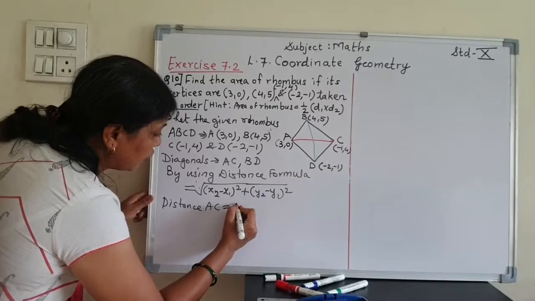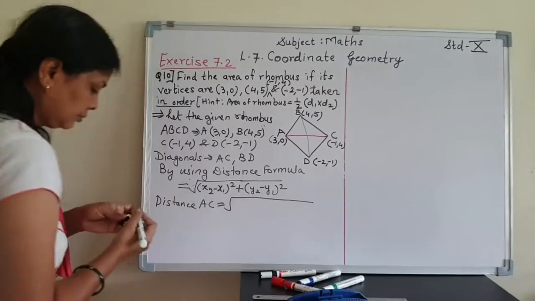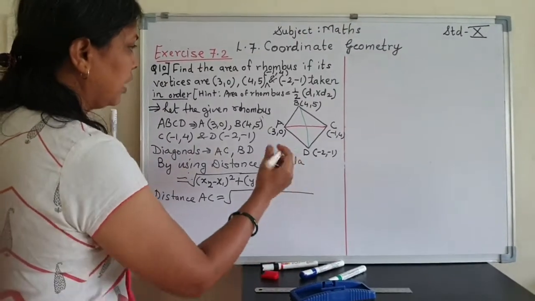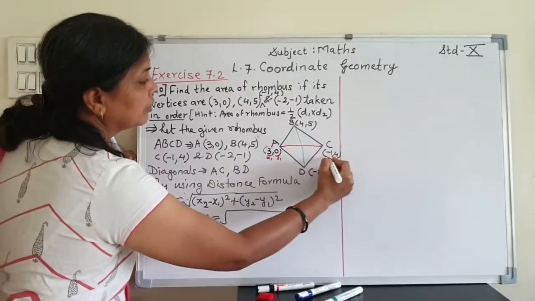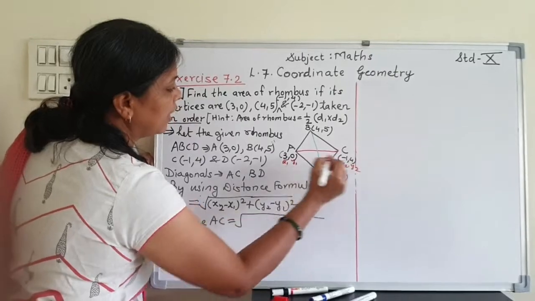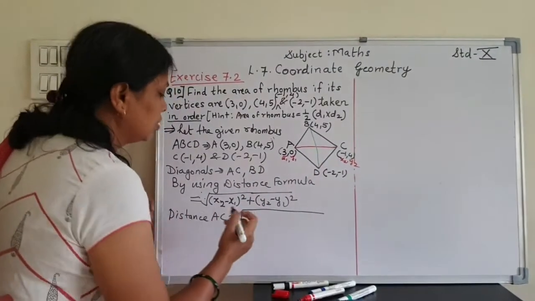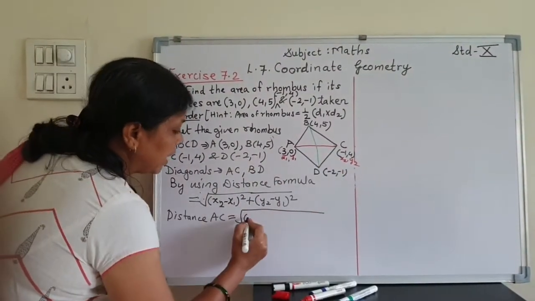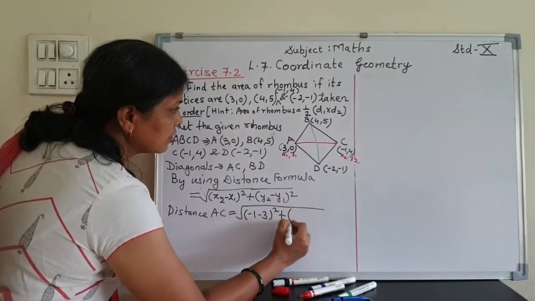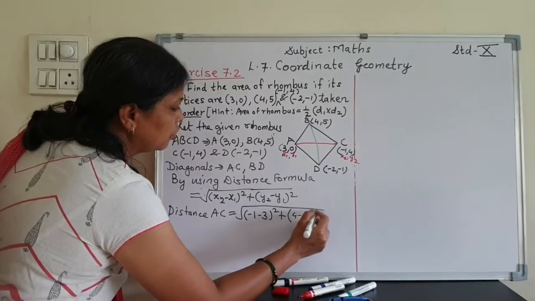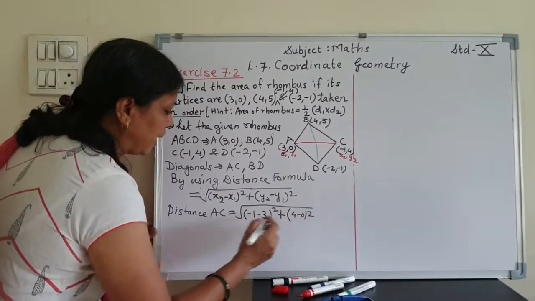AC. Now for AC, this is x1, y1, x2, y2. Minus 1 minus 3 whole bracket square plus 4 minus 0 whole bracket square.